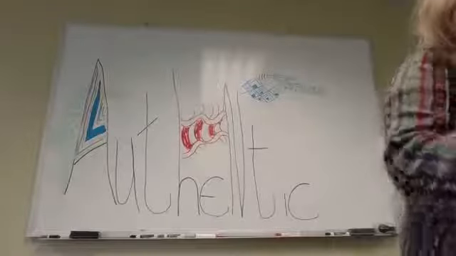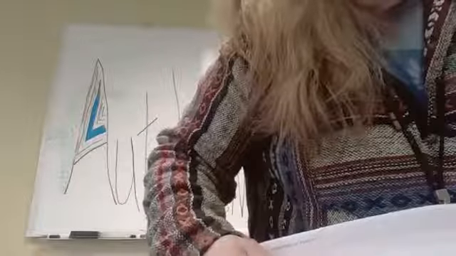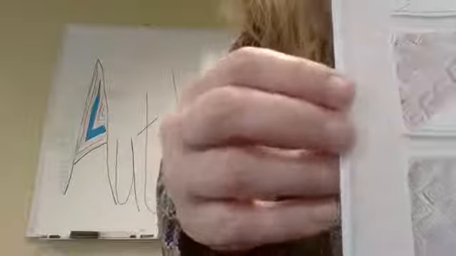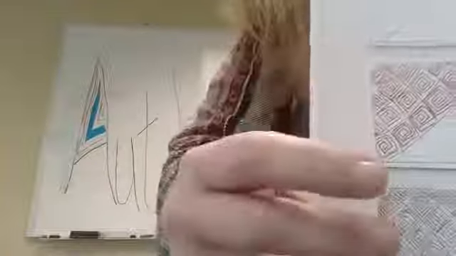But with this tangle, what you do is you make arcing lines, and then you come up through it, and inside each space you add a square spiral, and you get this as your result.